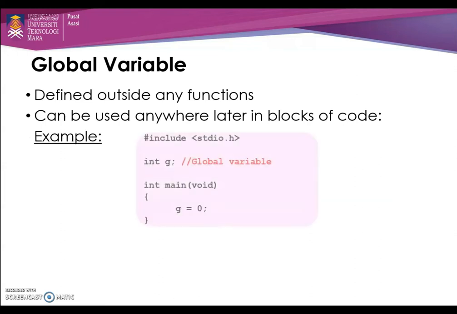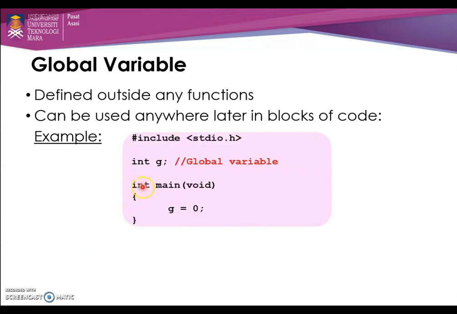An example of this program is as follows. Take a look at the second line of code. When you declare within the area of hashtag include and integer main, this is what we call a global scope, the global area. The declaration that you made for G, integer G, is considered a global variable.